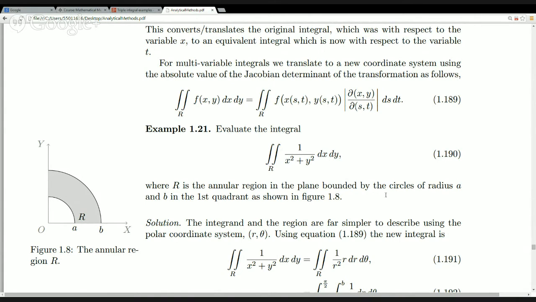So a similar change of variable equation holds for these.